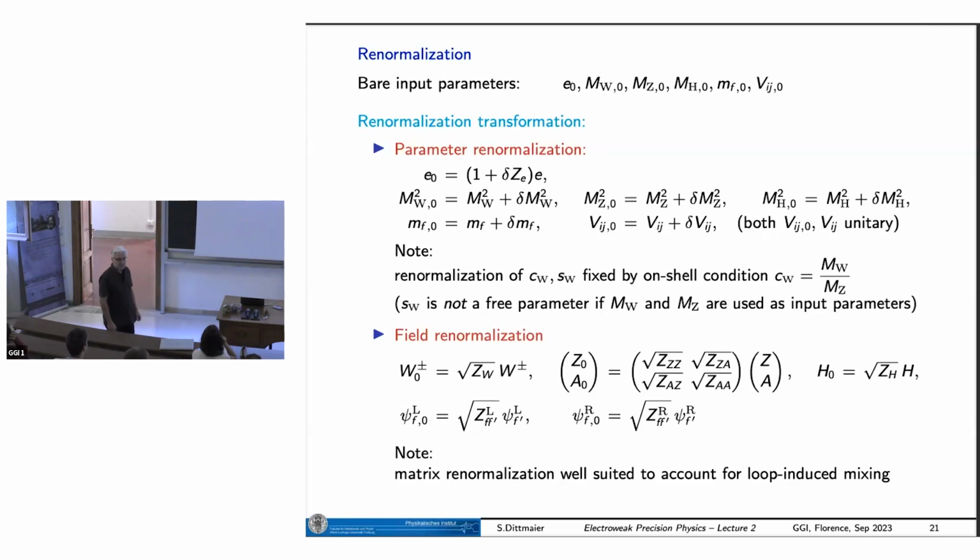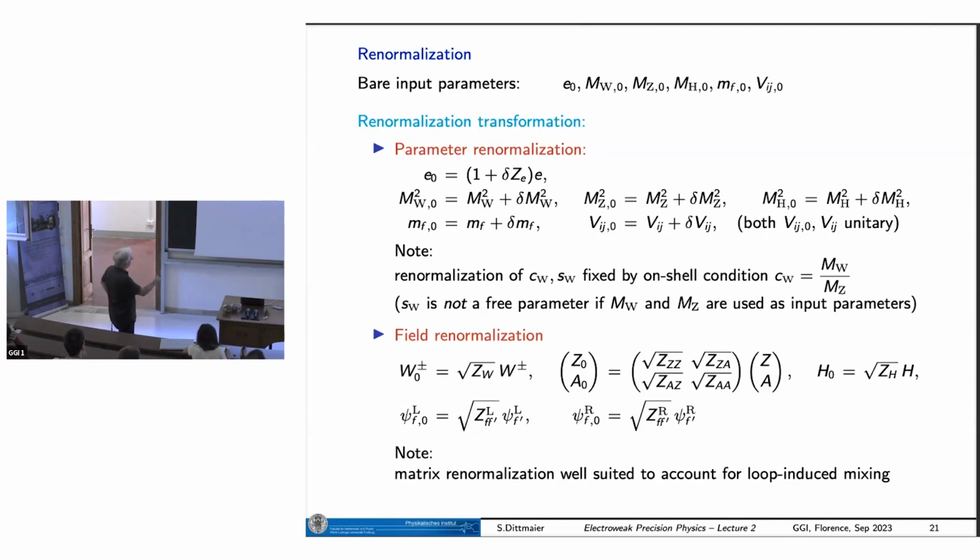And this means you cannot introduce, let's say, another independent renormalization constant for the parameter CW or also SW. Actually, several years ago, it was not so uncommon that some people screwed this up. That's the reason why I always emphasize this. So you have to respect this relation here. I come back to this later again.